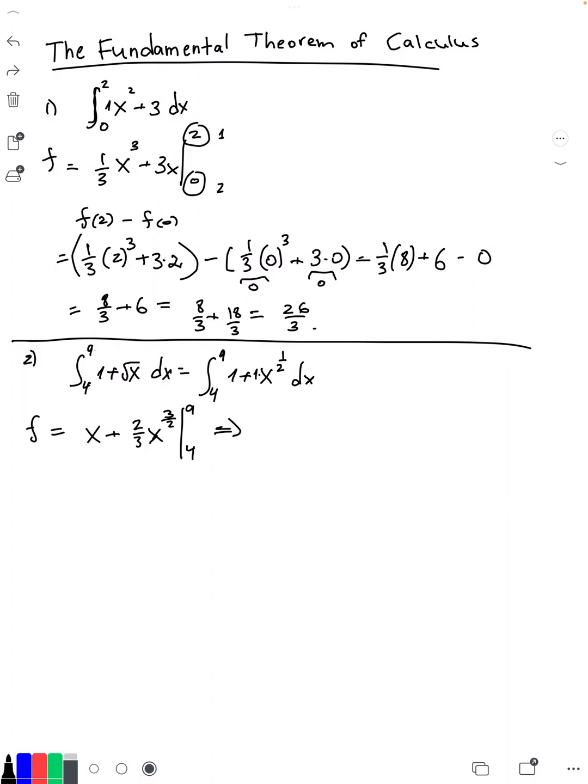So based on that, we're gonna have f of 9 minus f of 4. So we're gonna have 9 plus 2/3 multiplied by 9 to the power of 3/2, and all of that will be minus 4 plus 2/3 multiplied by 4 to the power of 3/2.